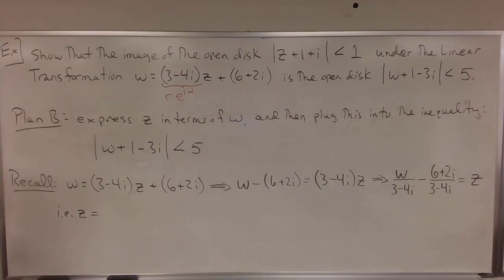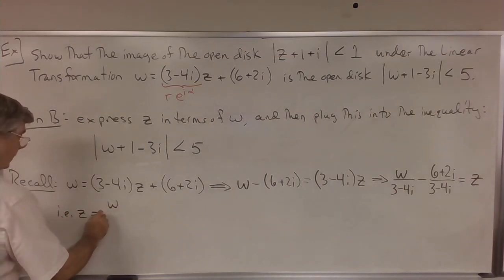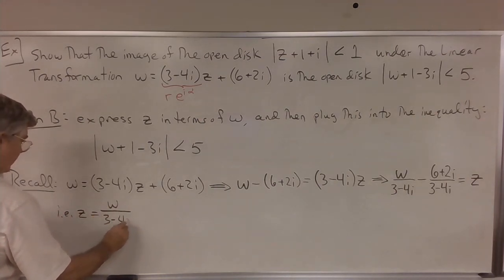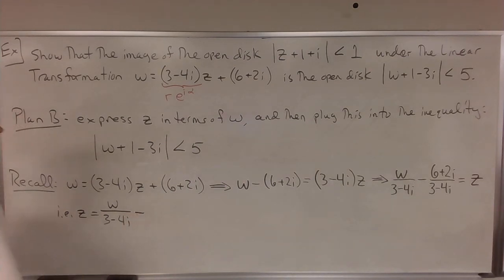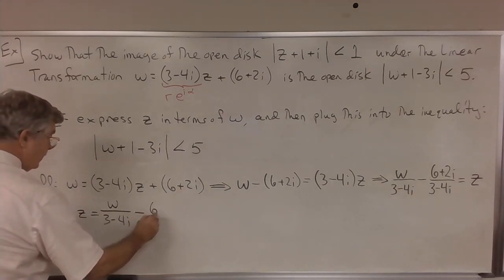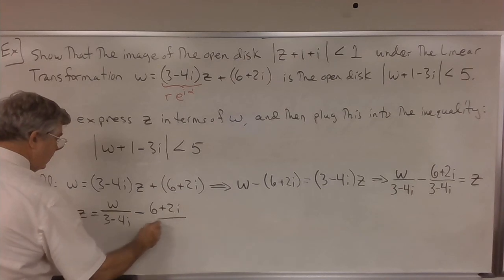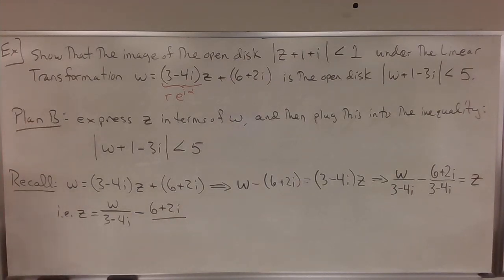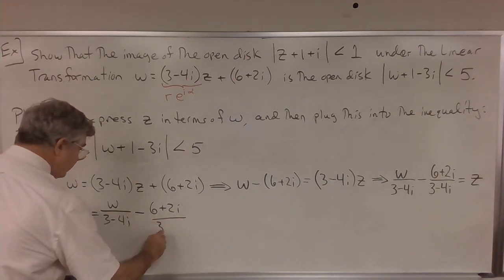Okay, can I simplify that? I'm sure I can. w over 3 minus 4i minus (6 plus 2i) over 3 minus 4i.